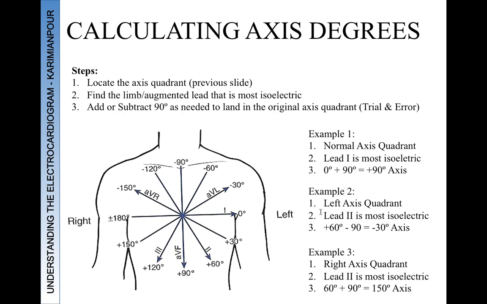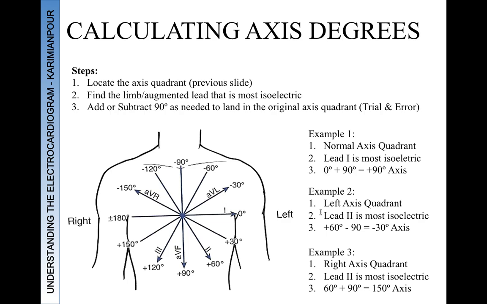So one common denominator, which is in the center of the chest. And again, you should be able to draw this from memory. It's very simple because all the degrees are about 30 away from each other. They may give you a question with a 12-lead EKG and say, what is the exact axis number? And you can determine that by 3 simple steps.